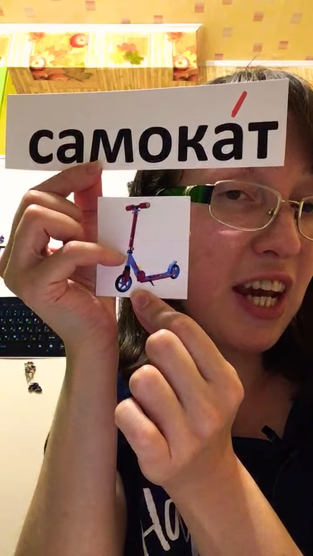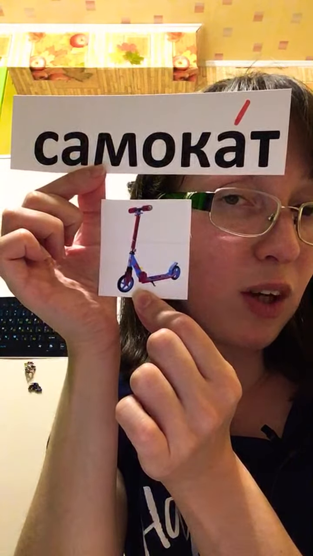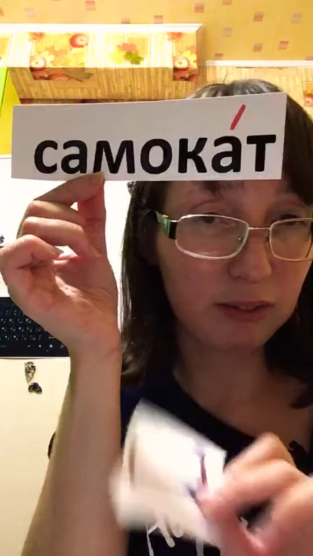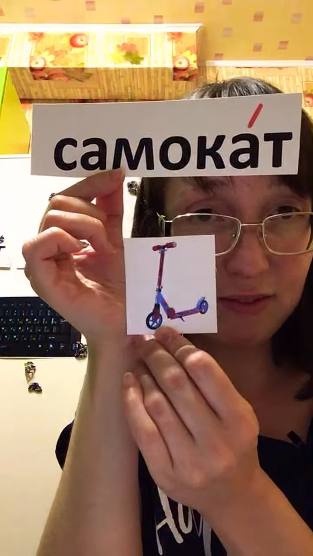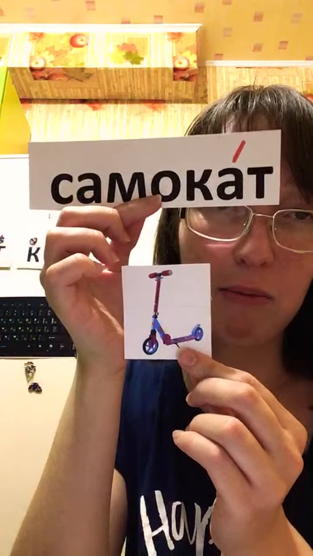I will appreciate it. Okay, this thing, samakat. Scooter. Actually, we have another word for scooter, when you sit, then you make a push and you go somewhere. Scooter in Russian, scooter. But this thing, samakat.